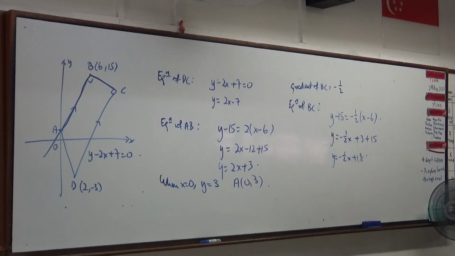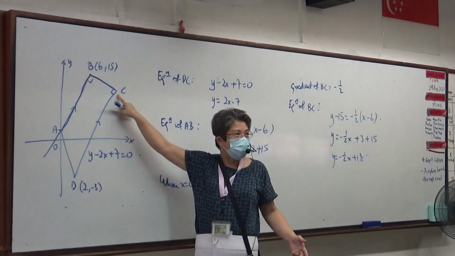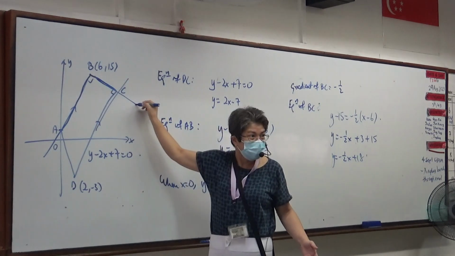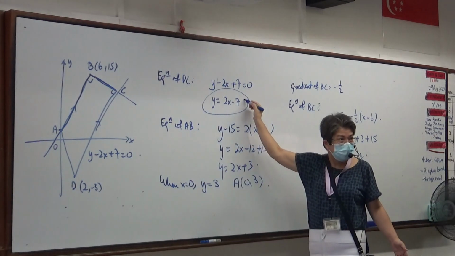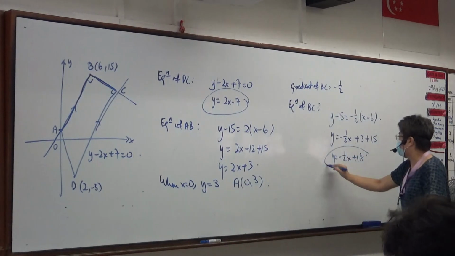Is that all to our question? What did they ask for? Coordinates of C. Now, how do I get the coordinates of C? All of you look up. I will solve this line and this line, right? This line is this one, and then I solve with BC. BC is this. Can you see?